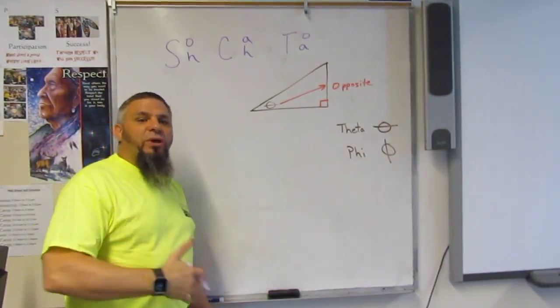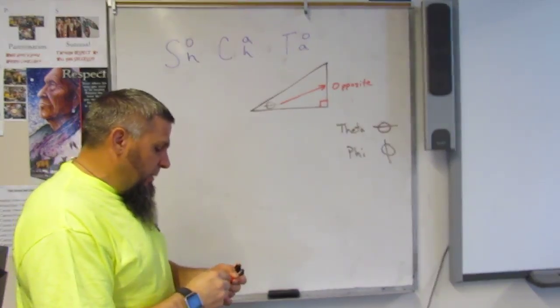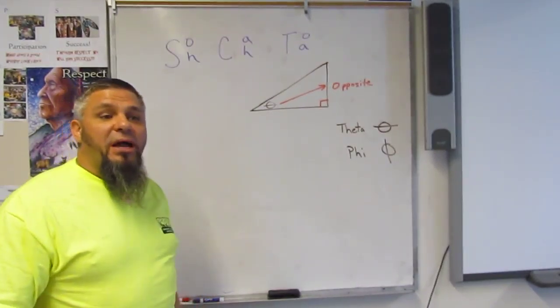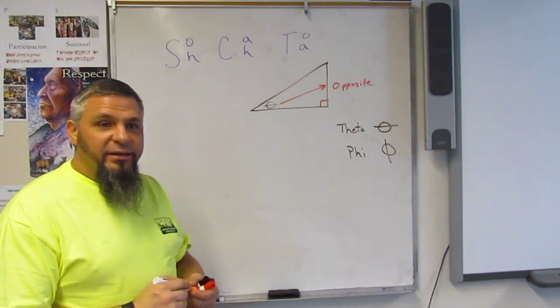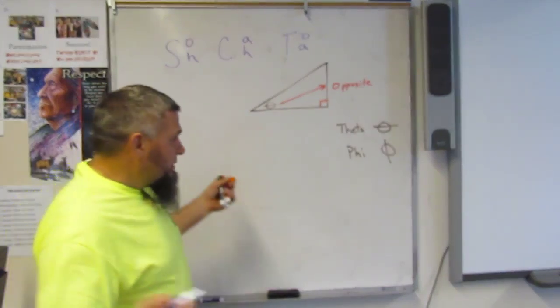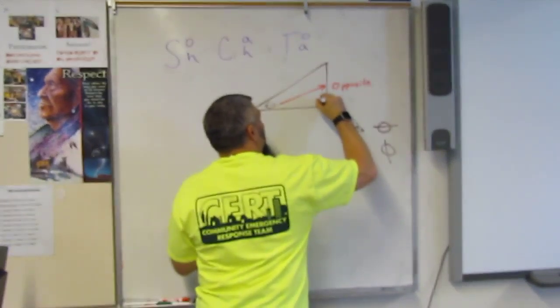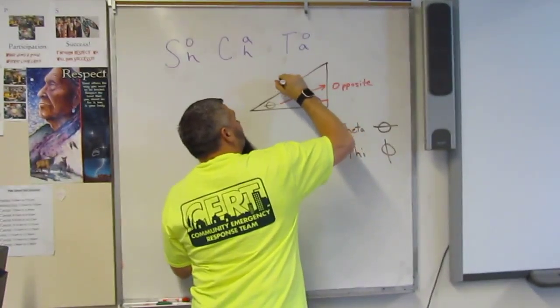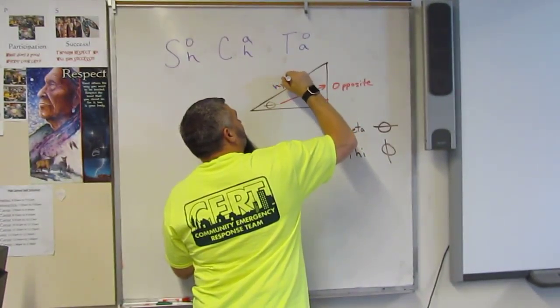This only works with right angles. What is opposite of the right angle? What side do we call that? Hypotenuse. There we go. So, this is the hypotenuse.